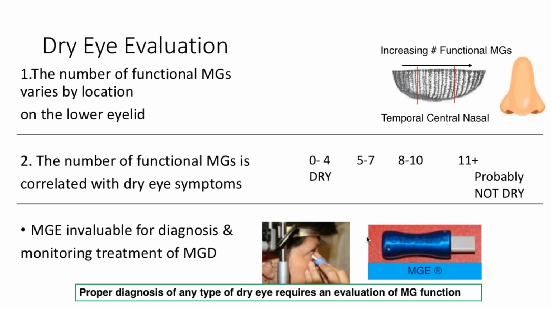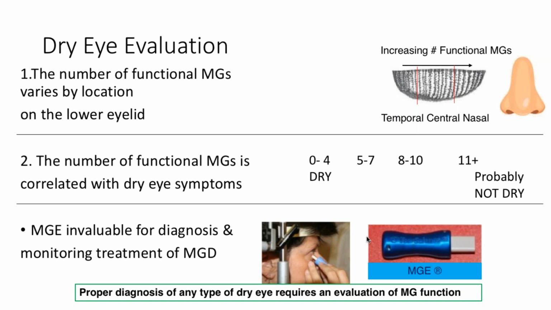Anything functional between 0 to 4 glands is considered a dry eye. 5 to 7 is a moderate dry eye. 8 to 10 is a mild dry eye, and 11 and above glands, if they are functioning and open, is considered to be no dry eye. So it's your basic evaluation, but you're just quantifying it.